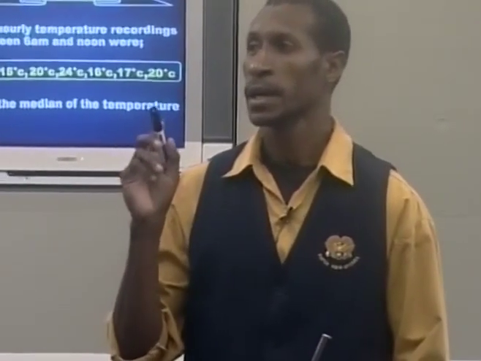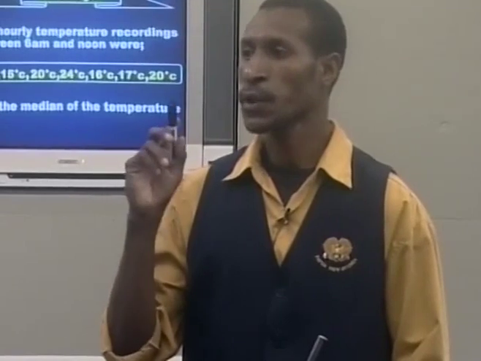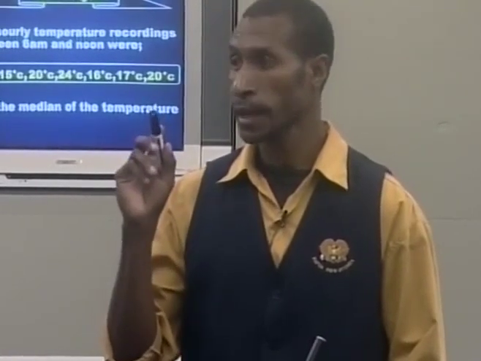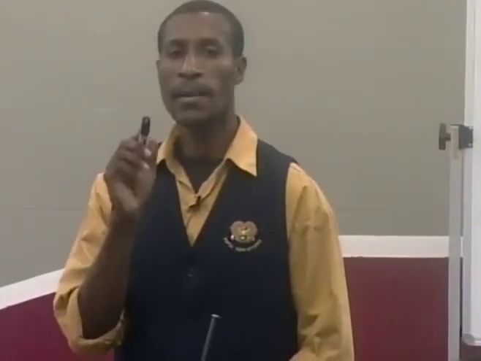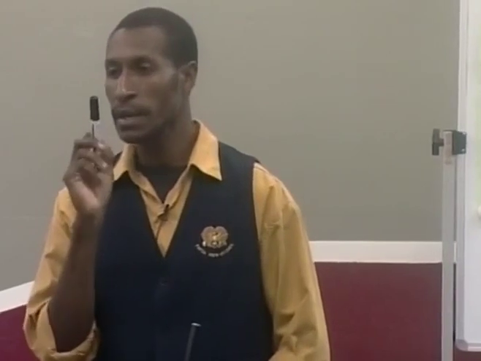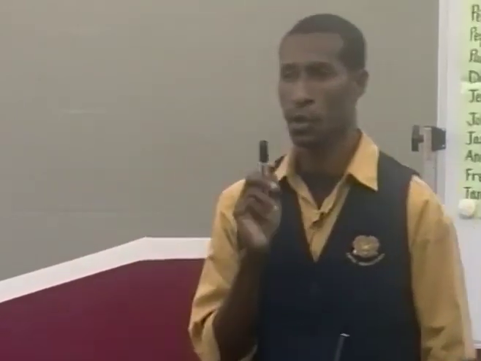Yes. After you got the two middle scores, you added the two middle scores, and then got the sum of it. And what did you do? Divide by 2. And you got? 4. Okay. So remember, when you come across an even number of scores, there are always two middle scores.